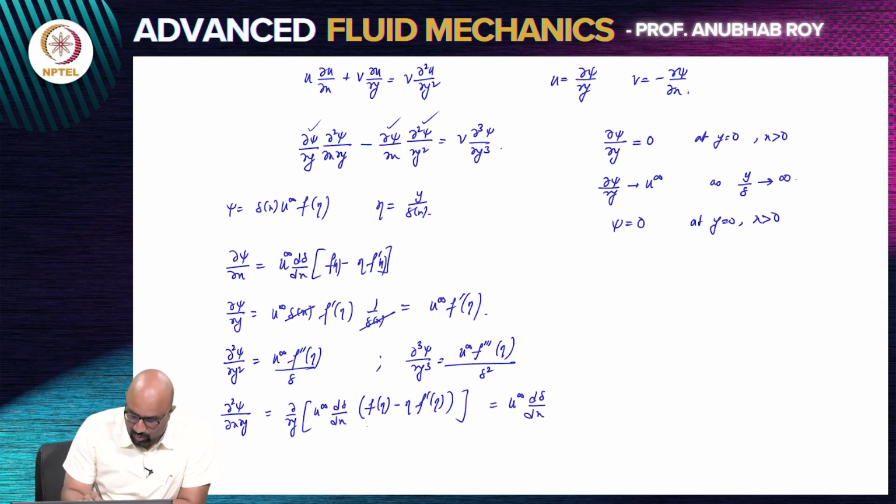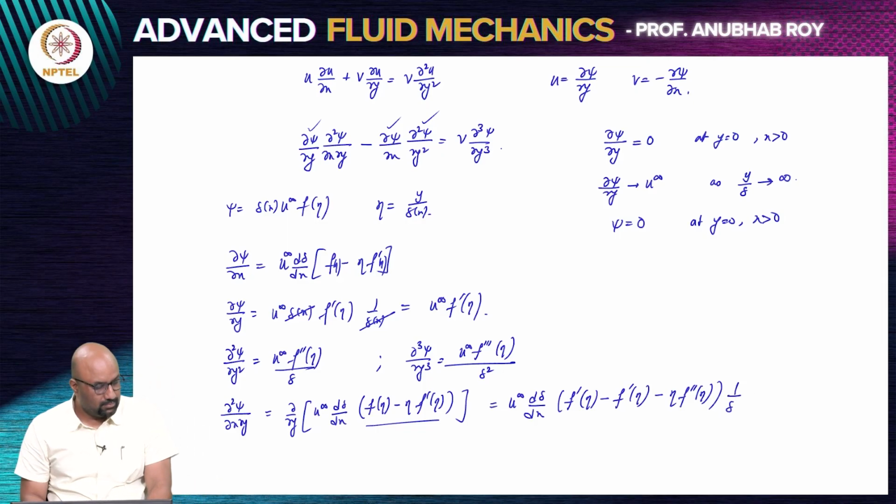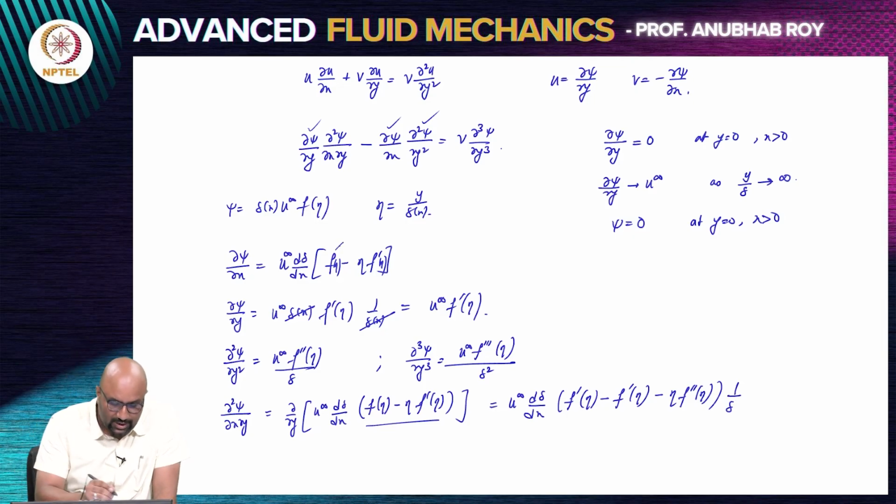So I have dou y of this term in the bracket, which would be f dash eta minus f dash eta minus eta f double dash eta, and then d eta dx, which is 1 by delta. Right? I will have an f dash from this term.